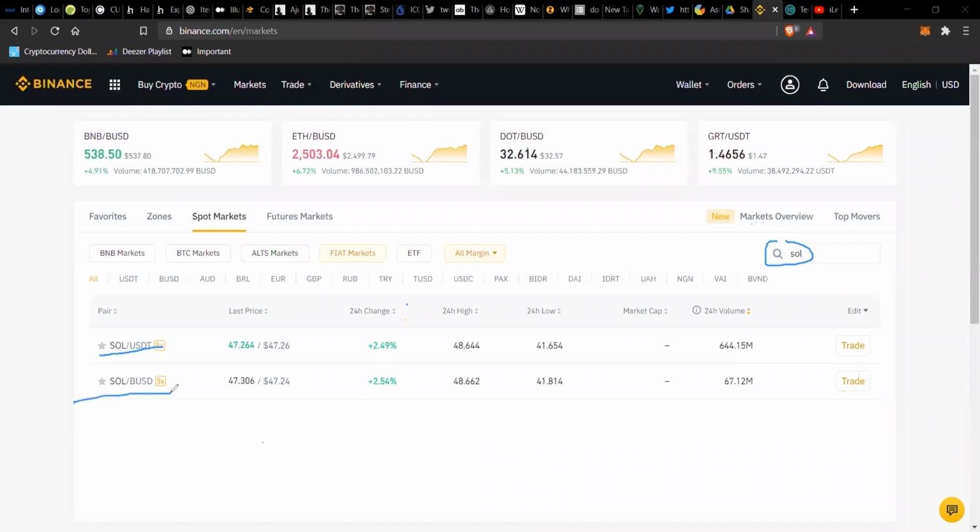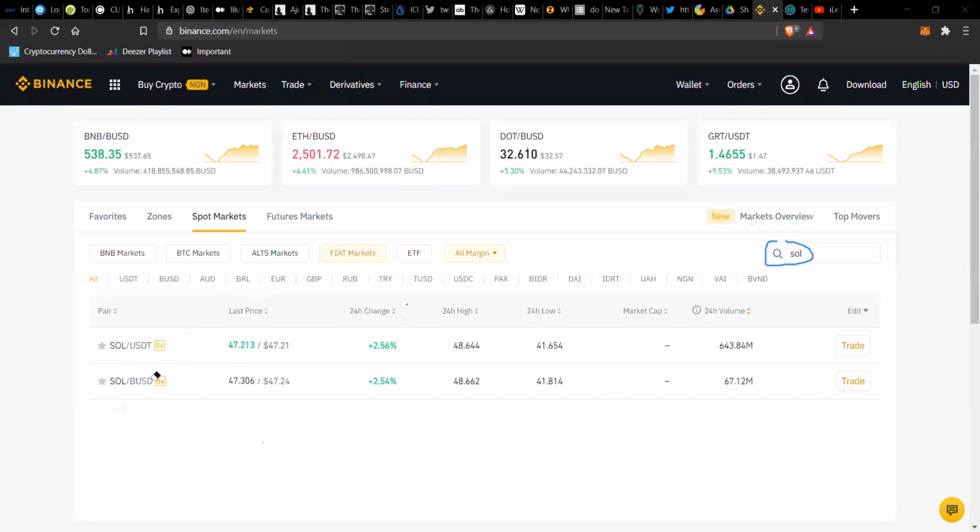So what this means is Solana that I just searched for is paired against USDT, also paired against BUSD, Binance US dollar. So if I have USDT in my wallet, let's say I bought USDT, and I want to buy Solana, I will be using USDT to buy Solana. If I have BUSD in my wallet, that will mean that I will be using BUSD to buy Solana.